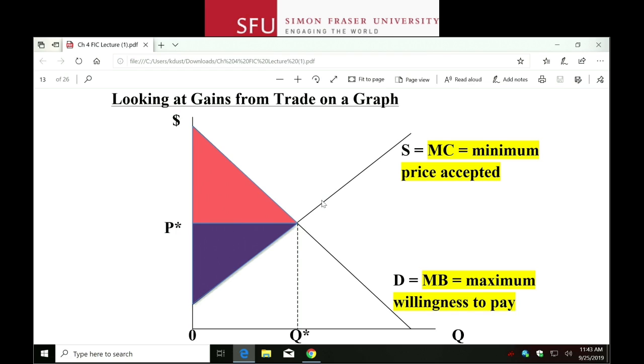And that marginal cost also represents the minimum price accepted, because they will not produce unless they get paid the price that at least makes them break even, so covers their cost. For the demand curve, it represents the benefit to the consumers, the marginal benefit, which we measure as the maximum they would be willing to pay.